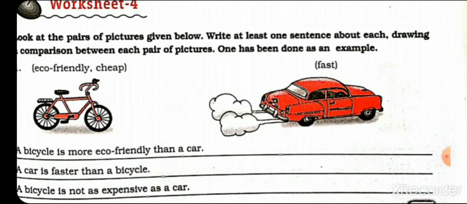So students, how can we frame sentences? Like, a bicycle is more eco-friendly than a car. Then you can write, a car is faster than a bicycle. A bicycle is not as expensive as a car.